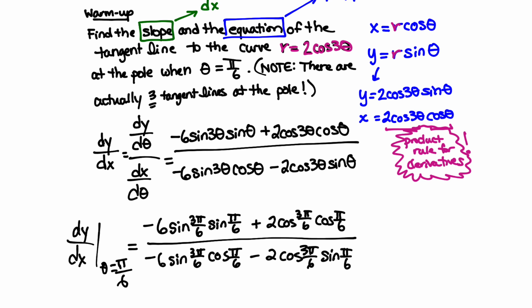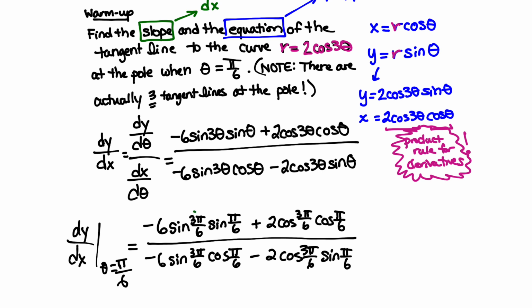I would not simplify here because it's really messy, but I will simplify here, and it's not too bad, because we have to remember that we multiply our angles before we evaluate sines and cosines.